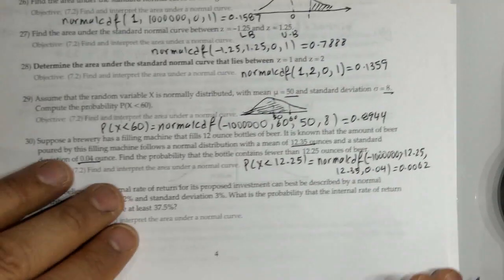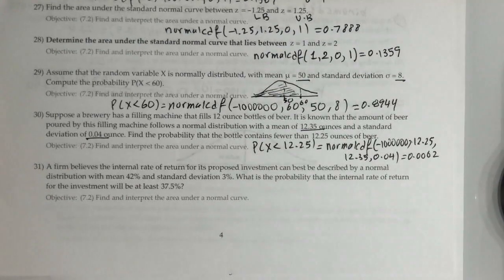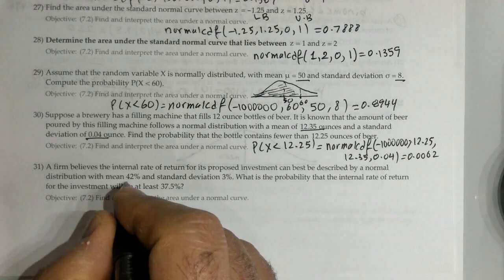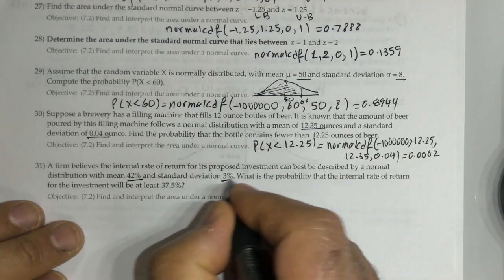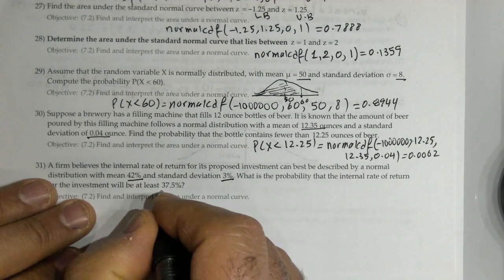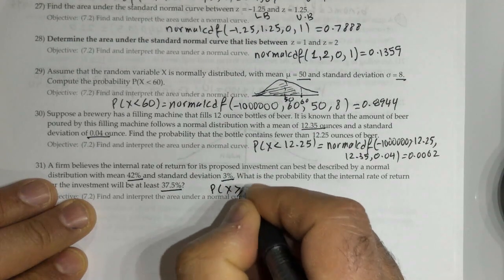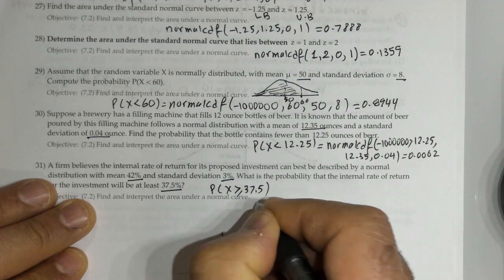Next question, 31. A firm believes that the internal rate of return for its proposed investment can be best described by a normal distribution with mean of 42% and a standard deviation of 3%. What's the probability that the internal rate of return for the investment will be at least 37.5%? So we want the probability of X more than or equal to 37.5 percent.